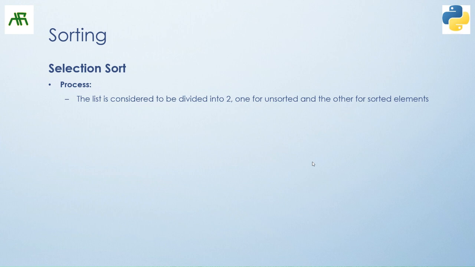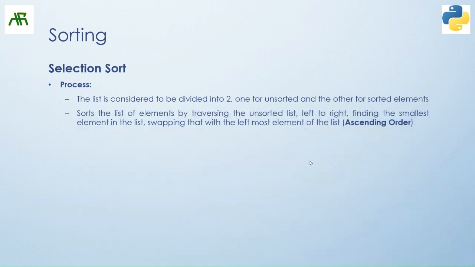One side is going to be building up the sorted elements. The other side keeps pushing the unsorted ones for traversing through. It sorts the list by traversing the unsorted list left to right, finding the smallest element of the list, and swapping that with the leftmost element of the list in ascending order.